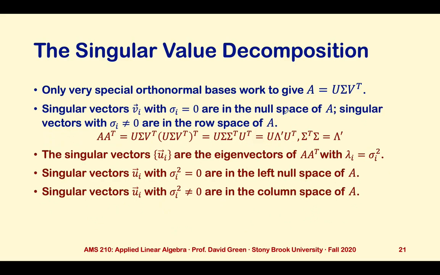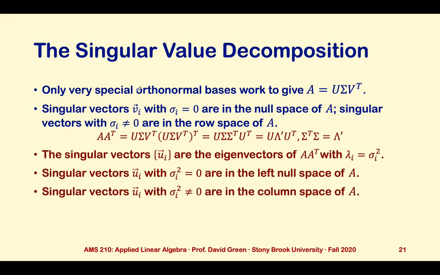This is telling us something, again, about the special bases that are going to work to give us this singular value decomposition. Singular vectors v i with singular values of 0 are in the null space. Singular vectors with sigma not equal to 0 are in the row space of A.